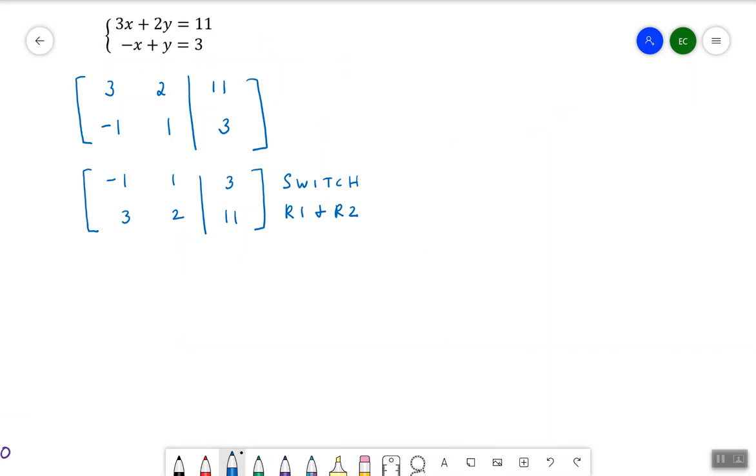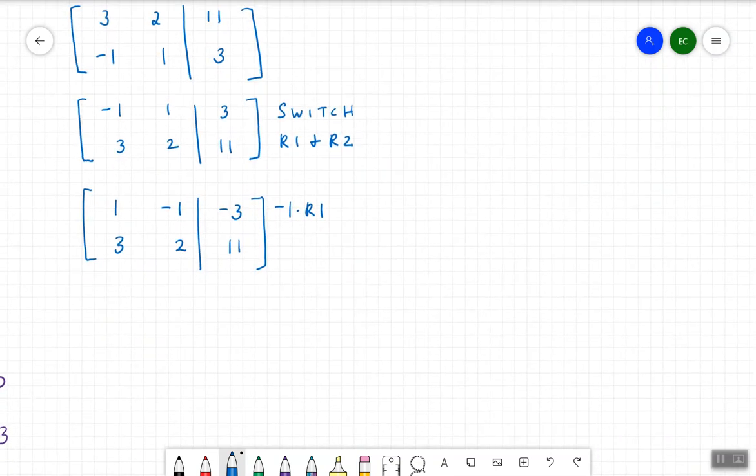And then the nice thing about that is that we can get a 1 there in the first column, first row, without getting fractions. So all we have to do now is just multiply the first row by -1. So we're going to do -1 times row 1, and we'll have 1, -1, and -3. And the second row just gets copied down.